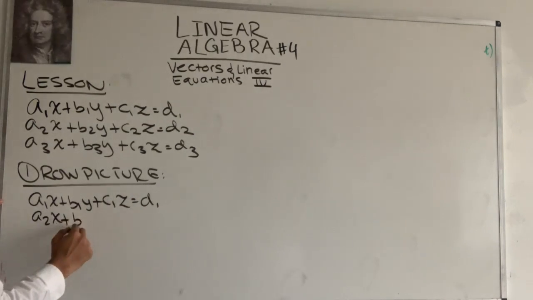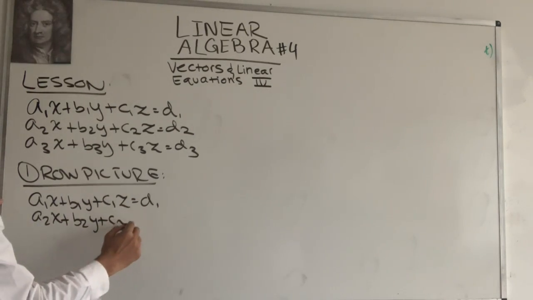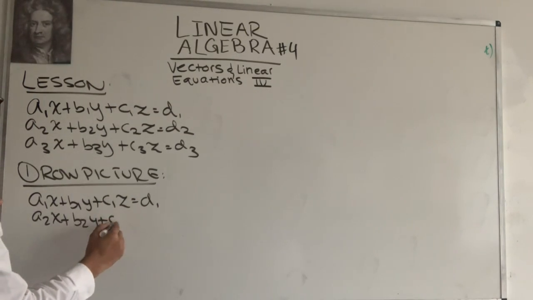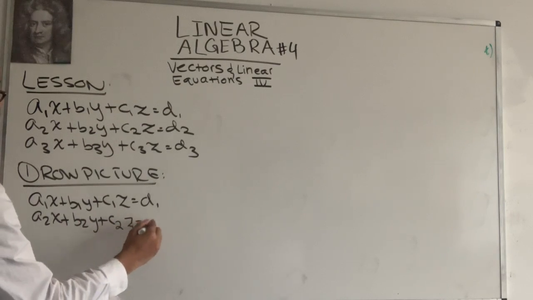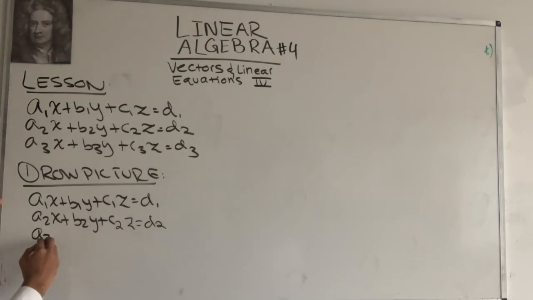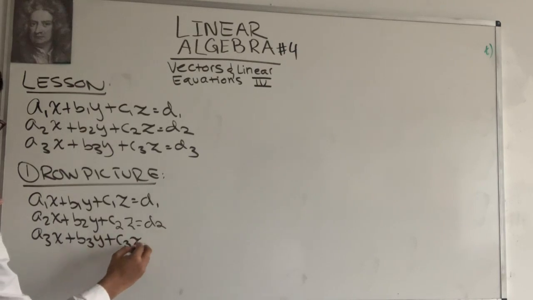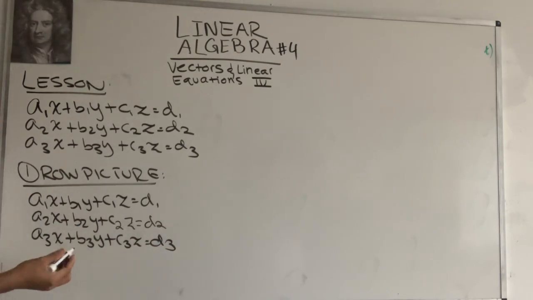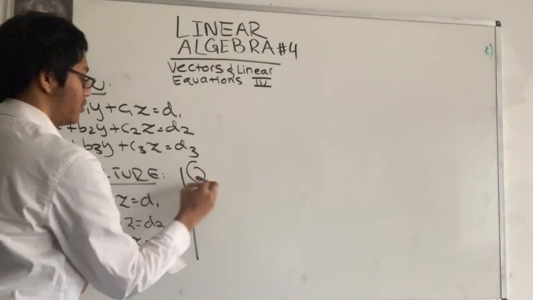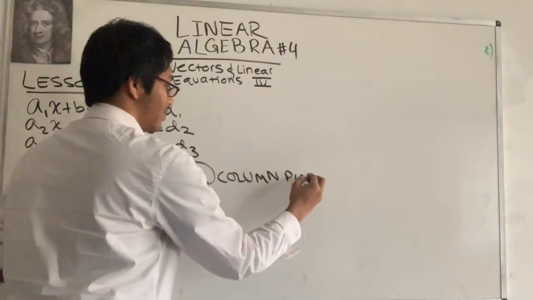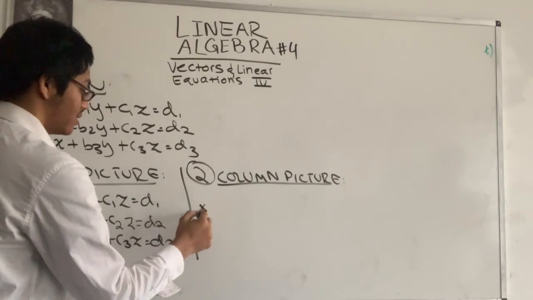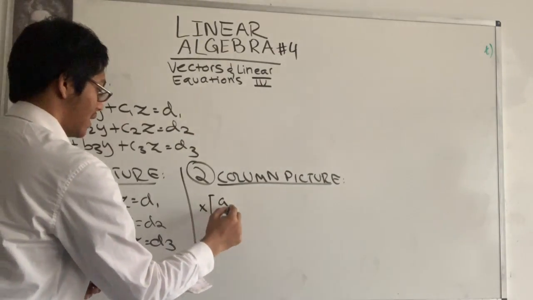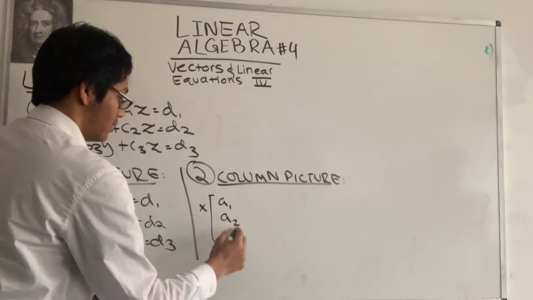Now, what is this row equation really telling us? It's telling us that three planes are intersecting at a common point. And that common point is the solution we want to find. That's the row picture. Number 2, we look at the column picture. The column picture is very easy, right? A1, A2, A3.